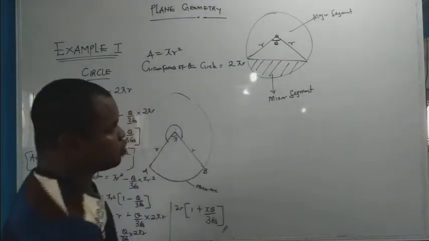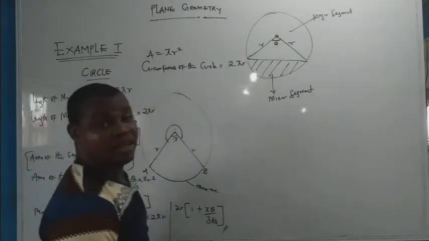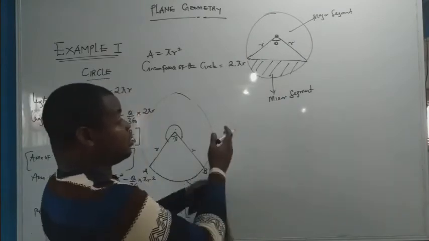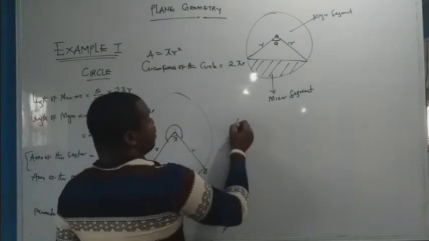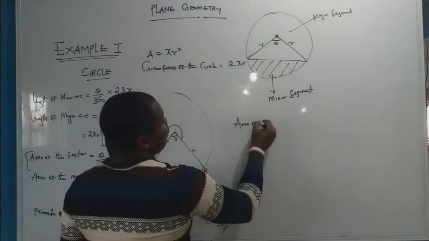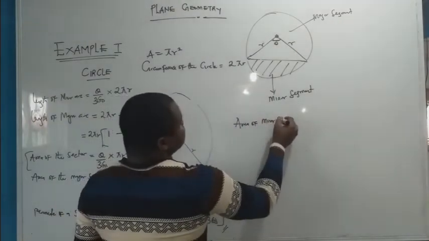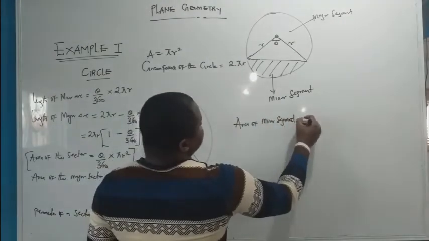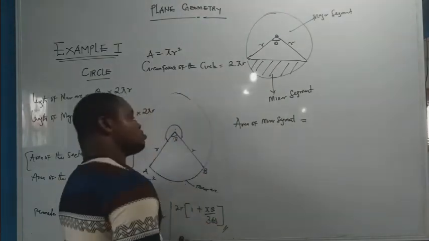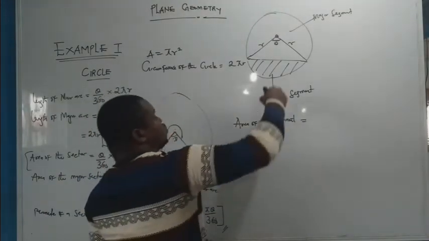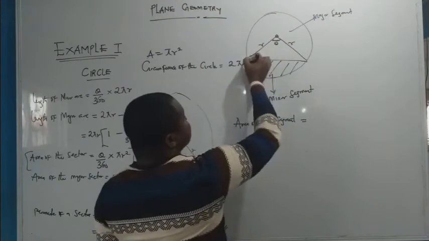So how do we get the area of the segment? The area of the minor segment is equal to, so this is what we're going to do now. Everything is a sector.